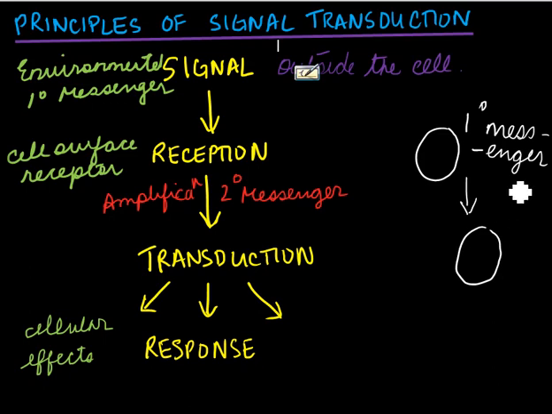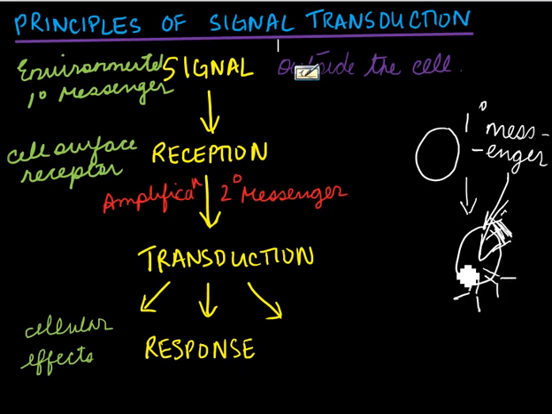So when this other cell receives it, it's not just going to accept this primary messenger and take it in. No, it's not going to happen that way. What this primary messenger will do is first go to the cell surface receptor. So there'll be receptors for it.